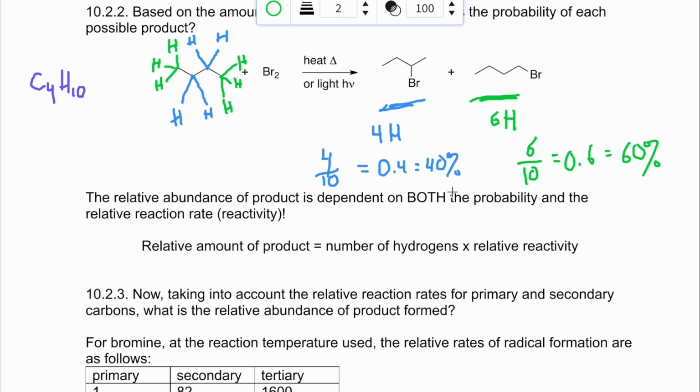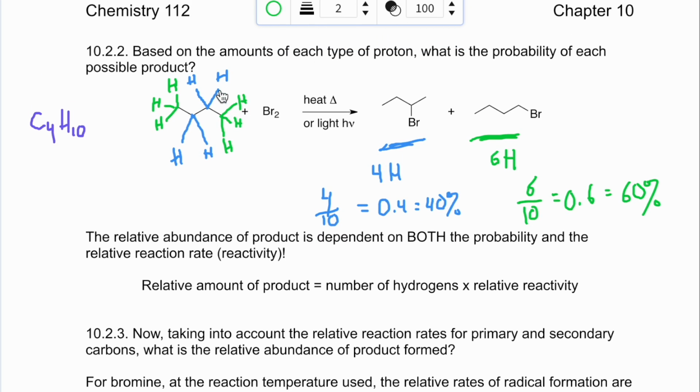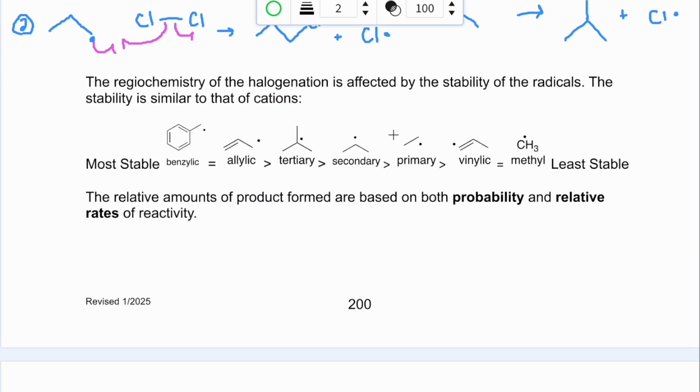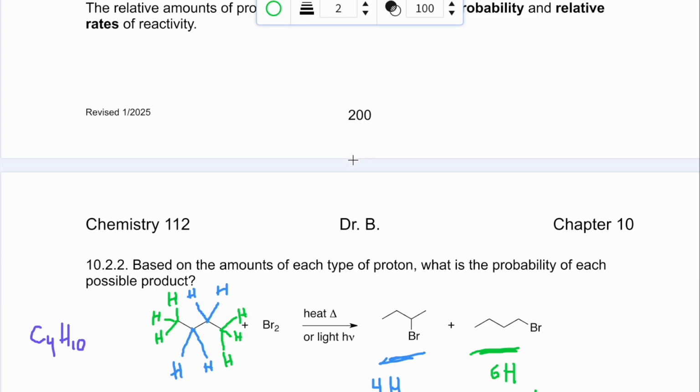However, the hydrogens do not react equally because, as we said before, the radicals formed are not the same stability. So pulling off a blue hydrogen would lead to a secondary carbon having the radical. Pulling off a green hydrogen would lead to a primary carbon having the radical. And so we know that it is better to pull off the secondary hydrogen, leading to a secondary radical that is more stable.